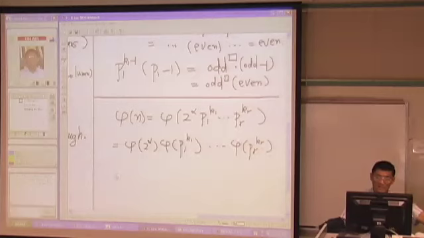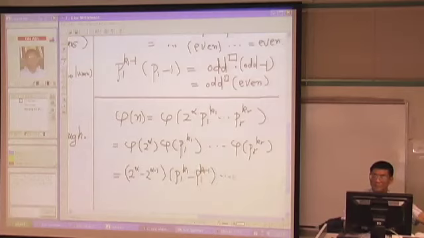Then, as you can see, it is 2 to the power of alpha minus 2 to the power of alpha minus 1, and then P1 to the power of K1 minus P1 to the power of K1 minus 1, all the way down to PR to the KR minus PR to the KR minus 1.